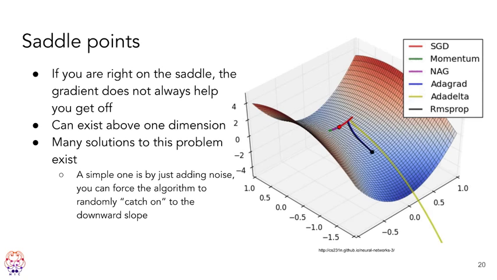Another problem is the idea of saddle points. The gradient right there where all these balls are falling to would be 0 as well. So to them it looks like a local minimum, but we can clearly see that it's not. These are problems that are going to exist not just in three-dimensional space, but also as you go into even 100 million, billion parameter space.